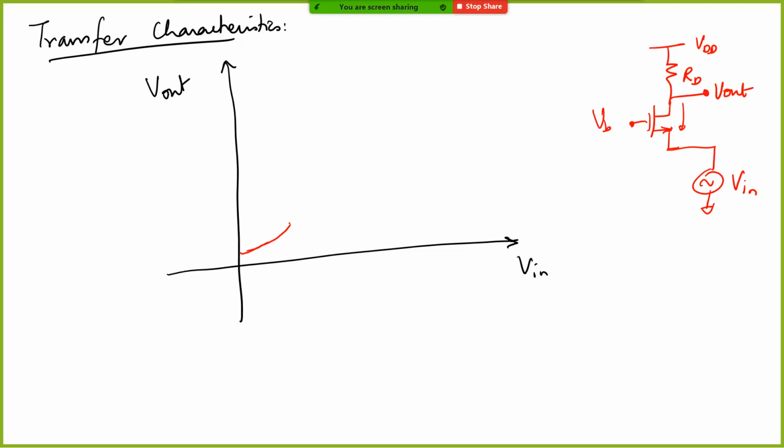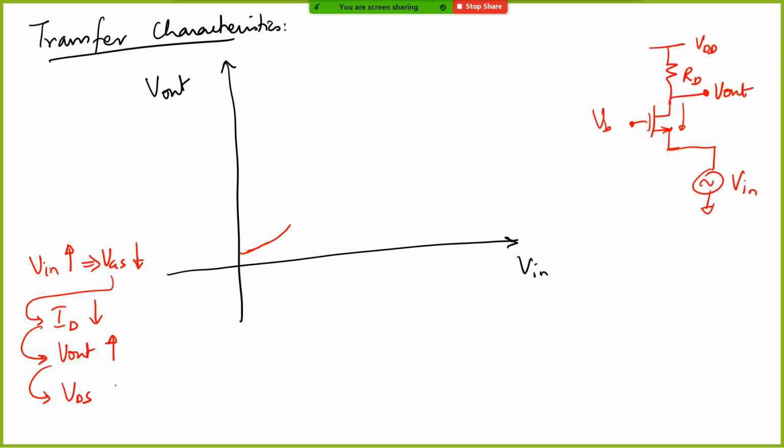Now as Vin starts increasing, what happens? As Vin increases, the VGS of the transistor decreases. So this results in ID decreasing. If ID decreases, Vout will increase. If Vout increases, VDS of the transistor will also slowly increase. Because when Vin linearly increases, ID decreases non-linearly.